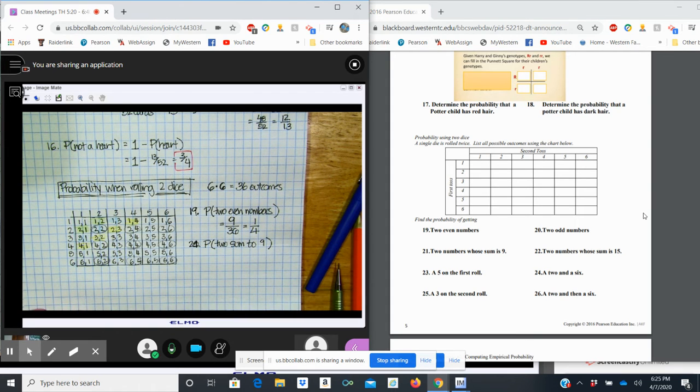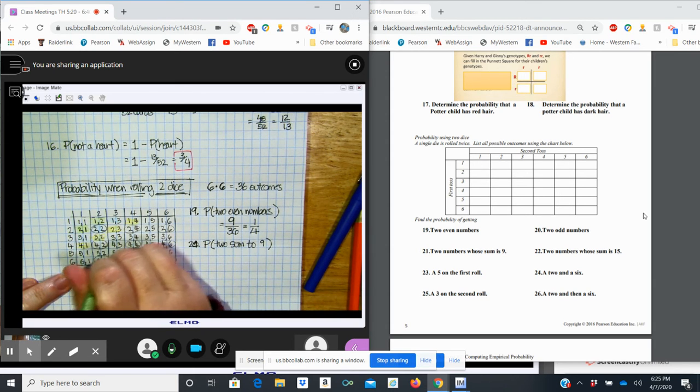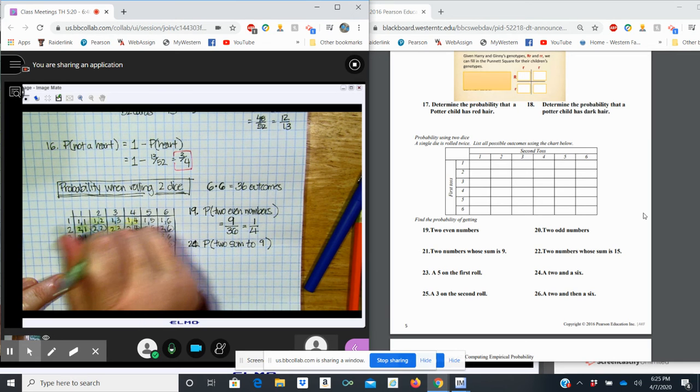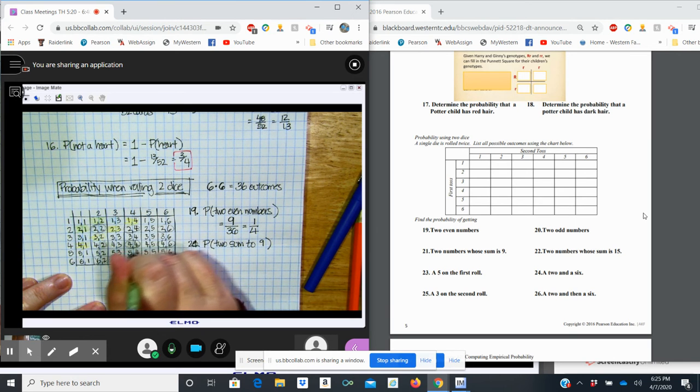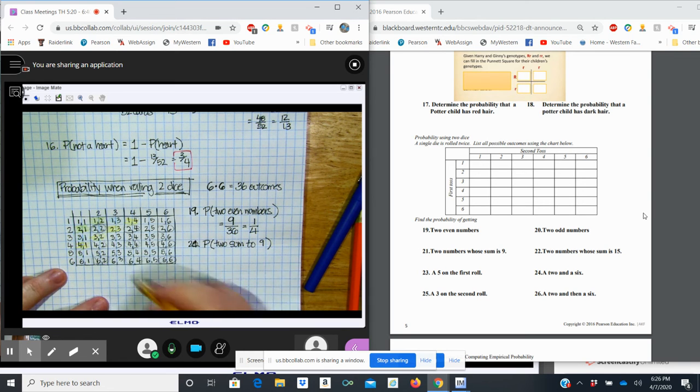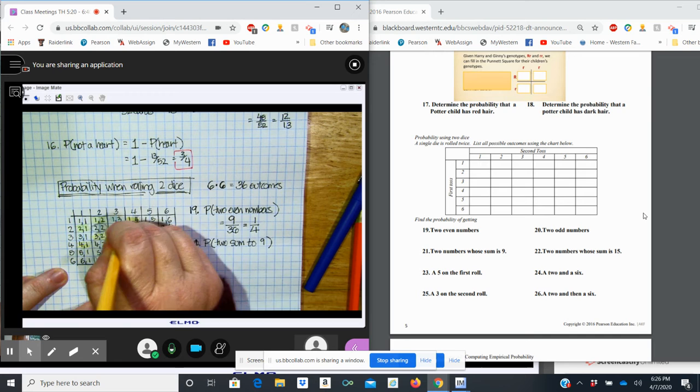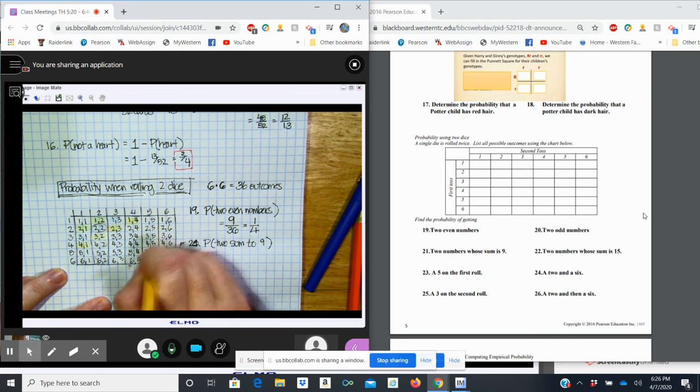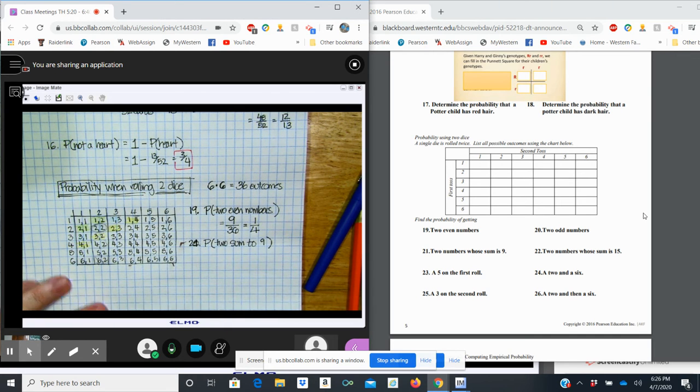I can ask for a different set of outcomes. What's the probability that the 2 numbers have a sum of 9? So now I need to ignore all of these that I just circled, and I only want to count up. I only want to include them if when I add the digits, I get a sum of 9.